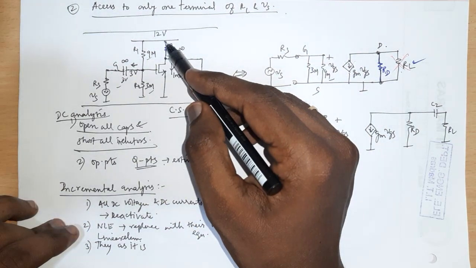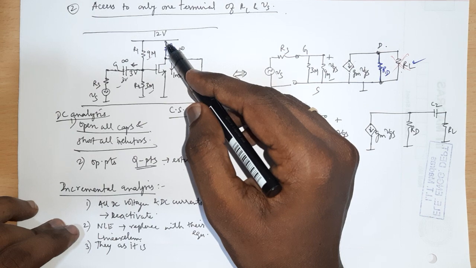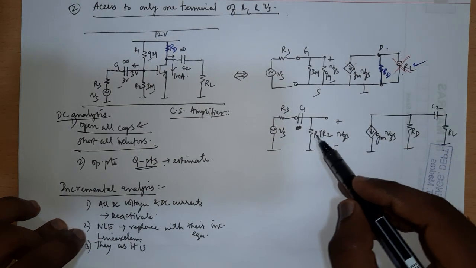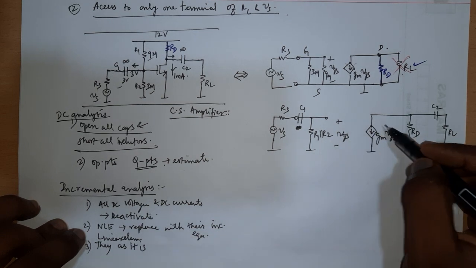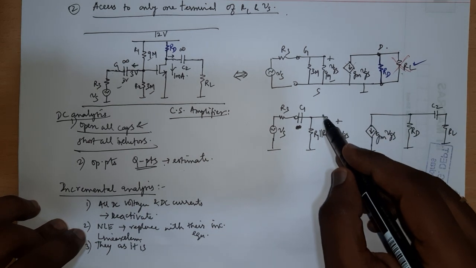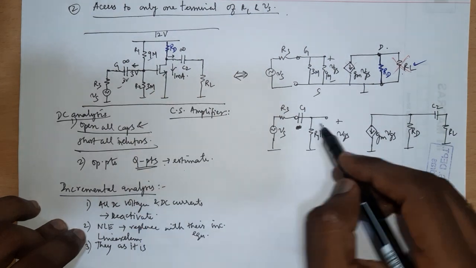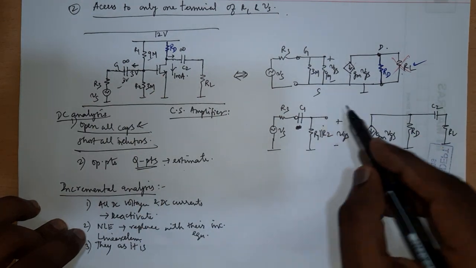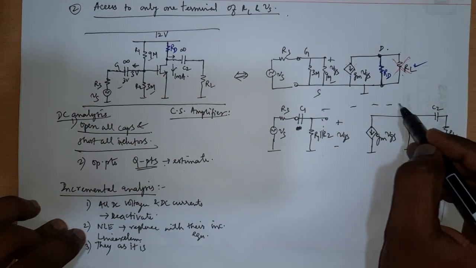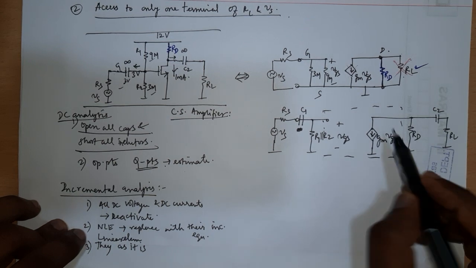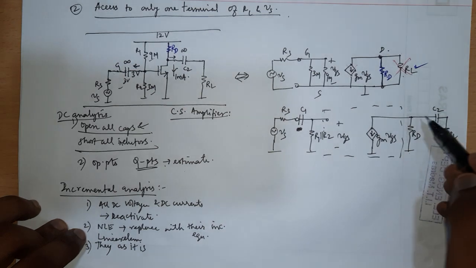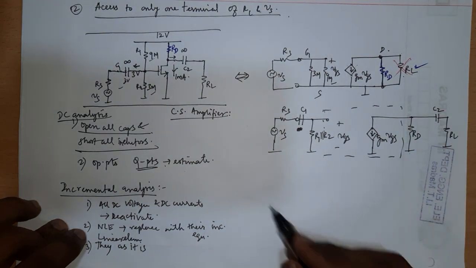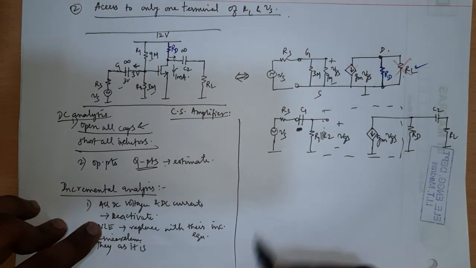This 12 volt voltage source will be grounded, because incrementally a DC voltage is a ground. And then the transistor is a non-linear element, so I replace it with its own incremental equivalent. Then you have RD appearing as it is because it is linear, and C is linear, RL is linear. So done. That is how it is derived.